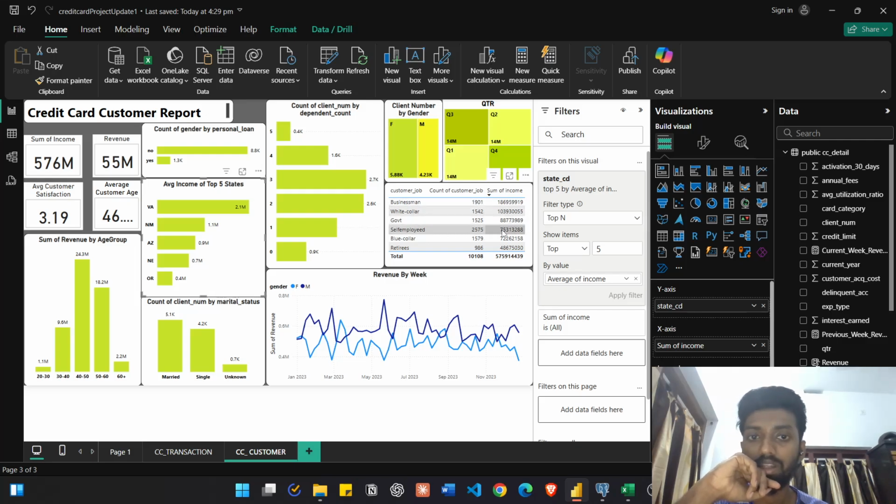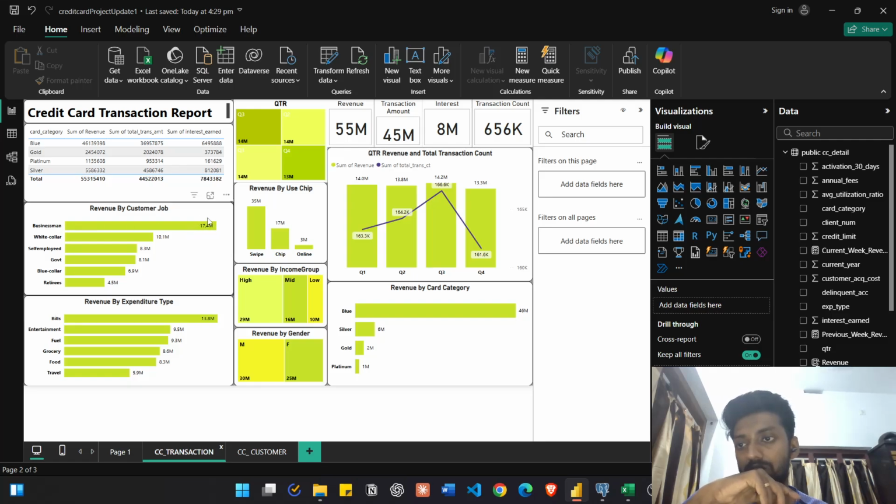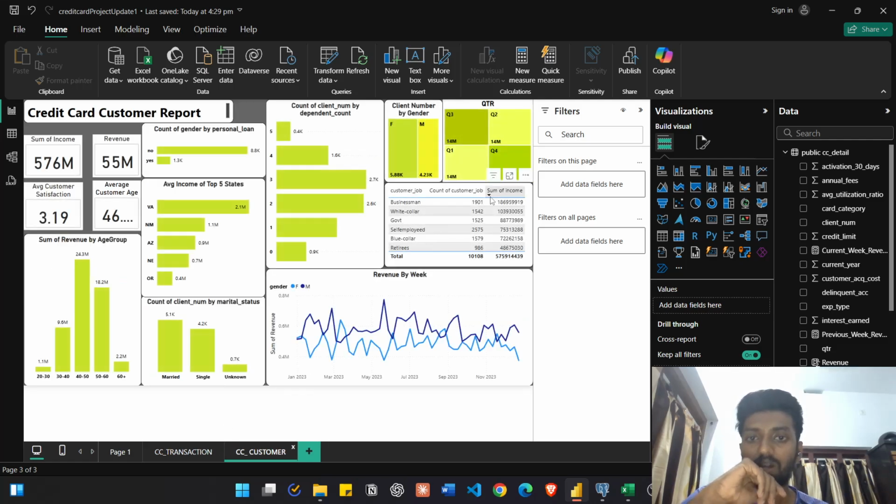It's higher, but the sum of income is lower, which makes sense, right? Because the highest income generating is businessmen, and of course that's how the revenue is also happening. The people generating huge revenue for the credit card company are also businessmen, and that's how we could see the insight.